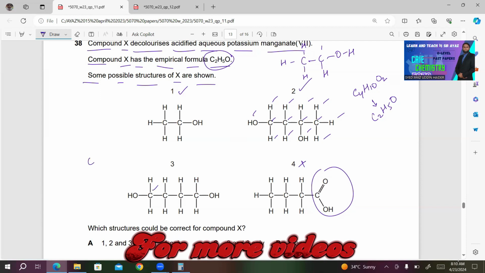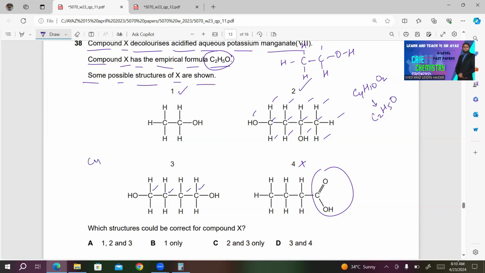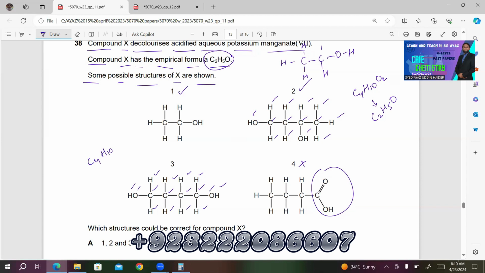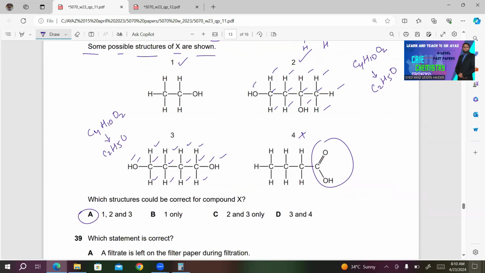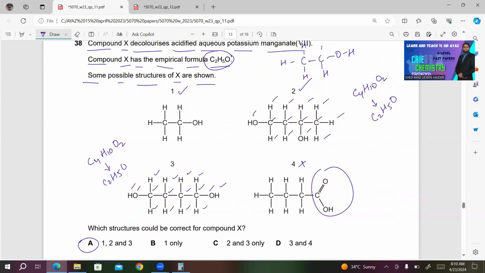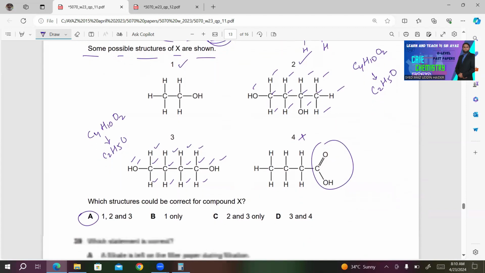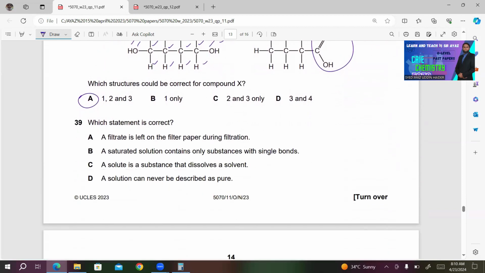C4. Hydrogen, H10 again. Oxygen is O2. So it also has C2H5O. 1, 2, and 3. So A must be the right answer for 38. All these 3 can be oxidized and they all have the same empirical formula, which is C2H5O in this case.